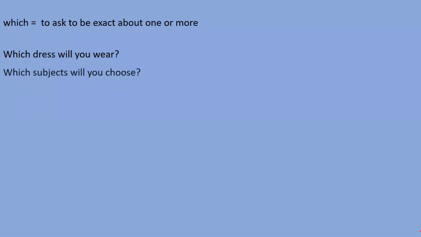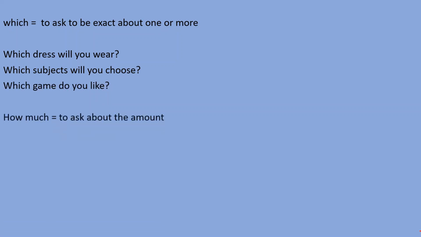Which subjects will you choose? I'm talking about more than one thing, and I want to be exact, so that's why I should use which. Which game do you like, right? So this way we use which.